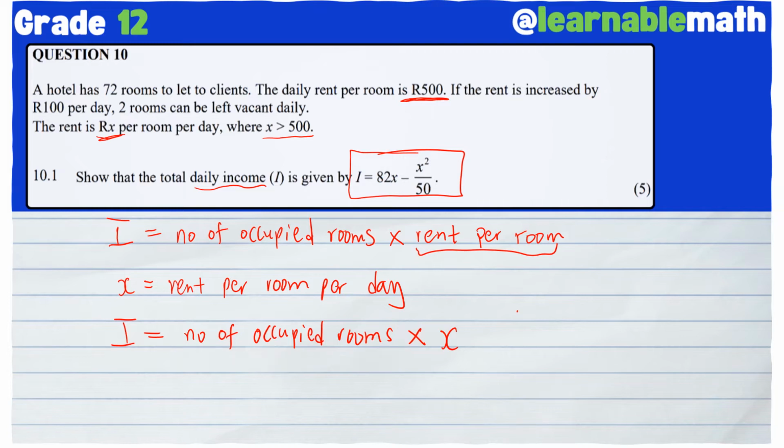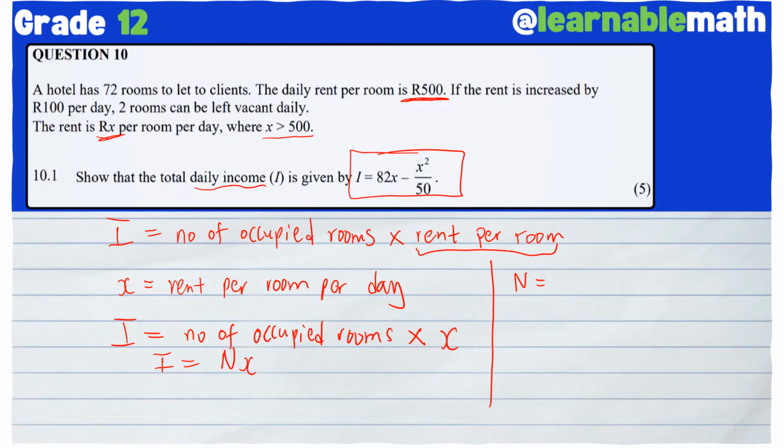Or in this case, let me say I equals nx, where n represents the number of occupied rooms and x obviously is the rent per room per day. So we need to get an expression of n. What is n? What is your number of occupied rooms?